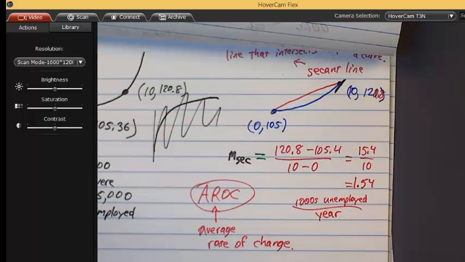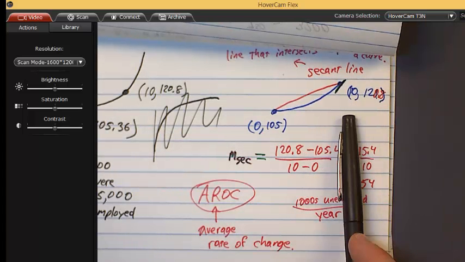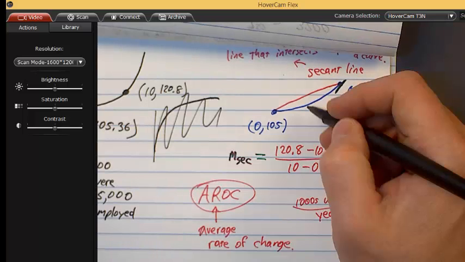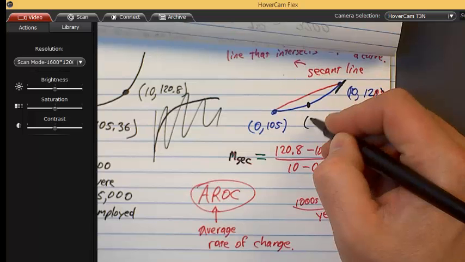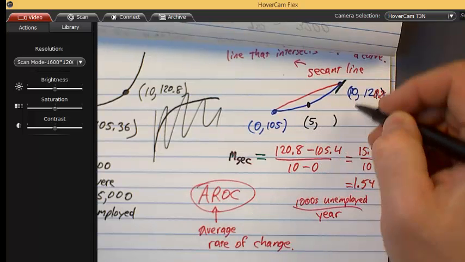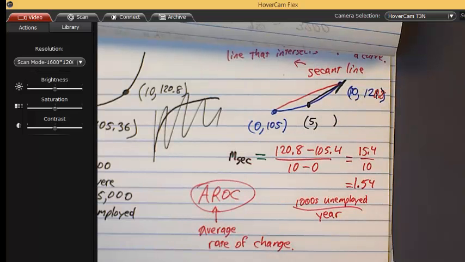Let me ask you this. I did the problem going from year 2000 to year 2010. If I were to do the same problem starting in the year 2005, so 5 to 10, that would be this secant line. I could compute the slope.